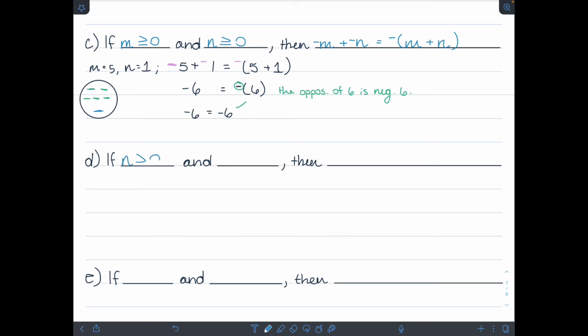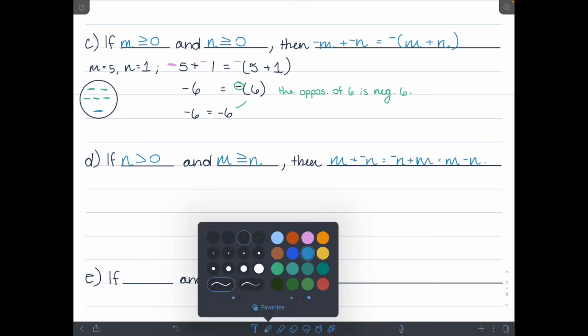D. If n is greater than 0 and m is greater than or equal to n, then m plus negative n is equal to negative n plus m, which is equal to m minus n.